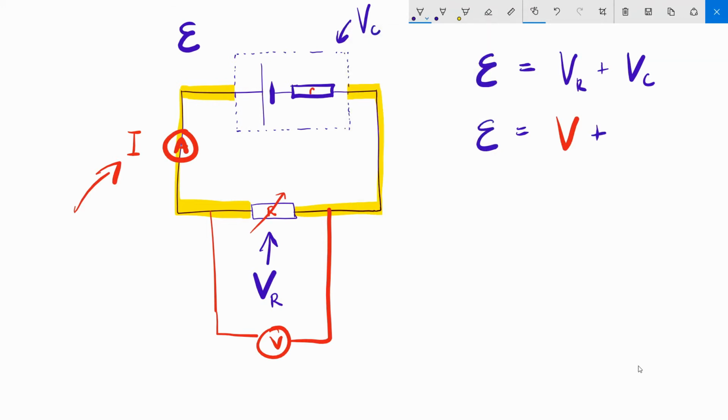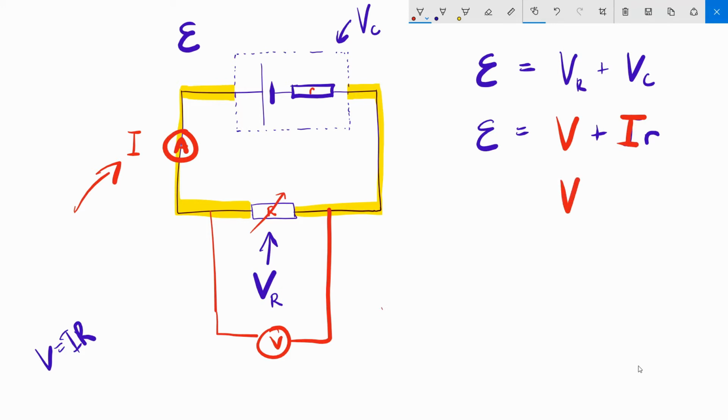In our results table we called it V, and then we said that V equals IR. So this V here is IR, because the resistance of the cell is little r, and we actually measured I as well. So those are the things that we've measured.